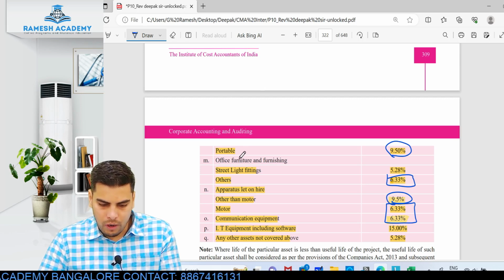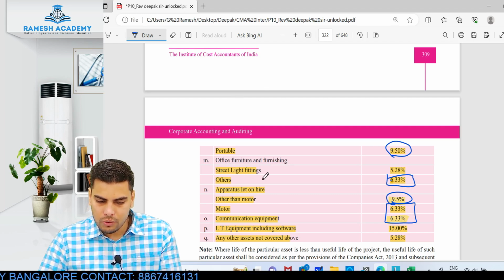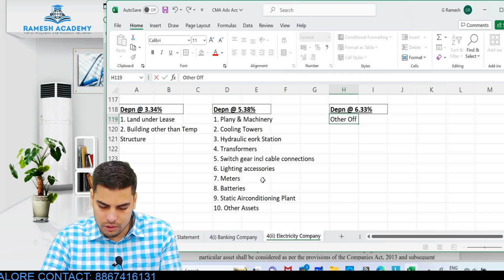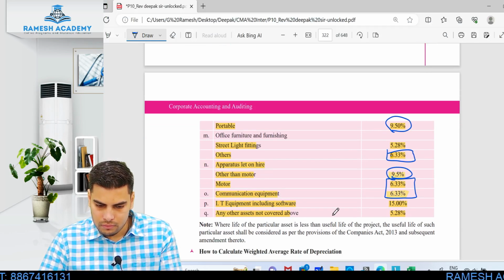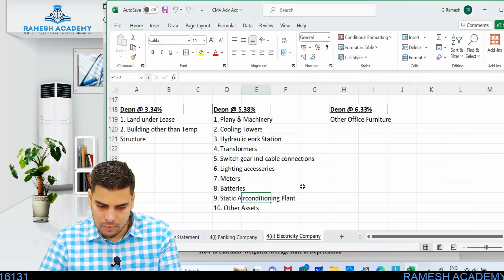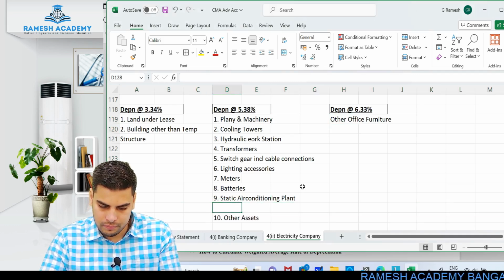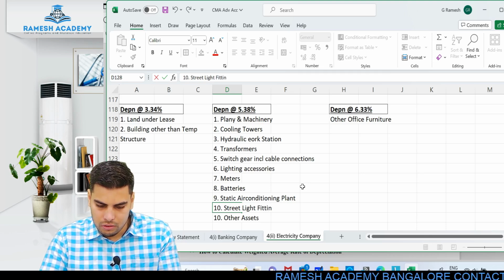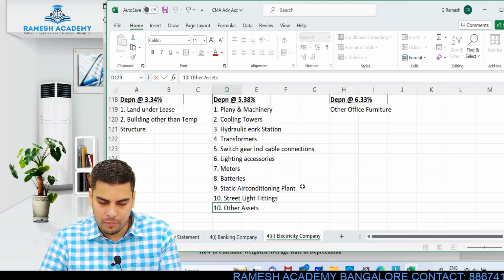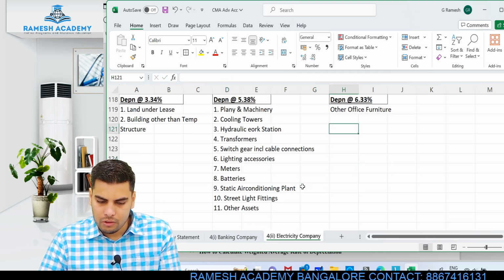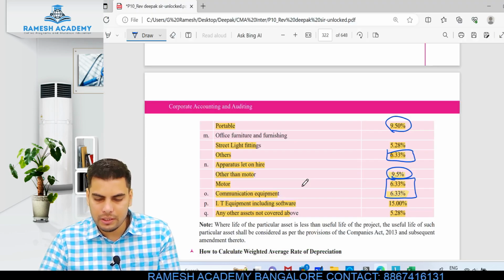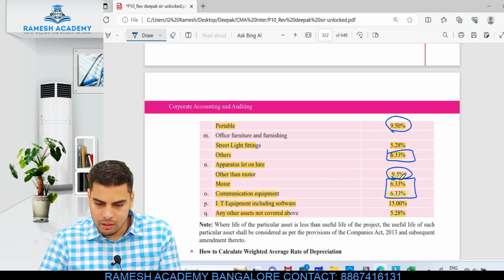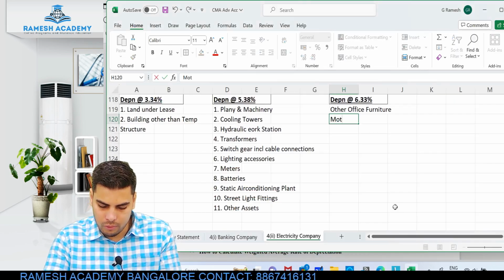One is office furniture, other office furniture. Street light fittings, the fittings used in street lights, again 5.28 would be the rate. So other furniture 6.33, that is other than street light fittings. And then we have motors, motors and communication equipment.